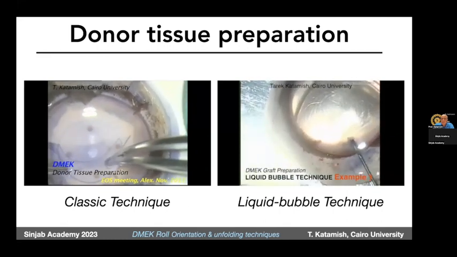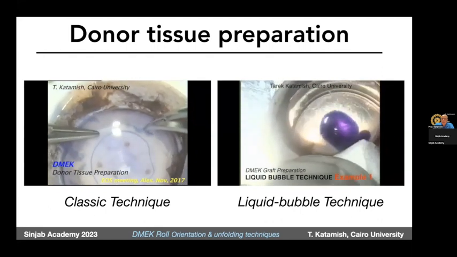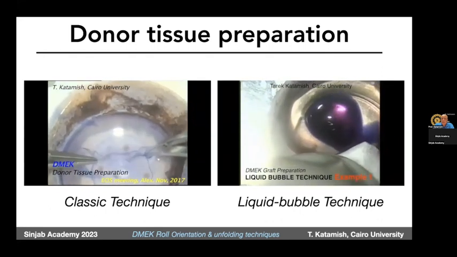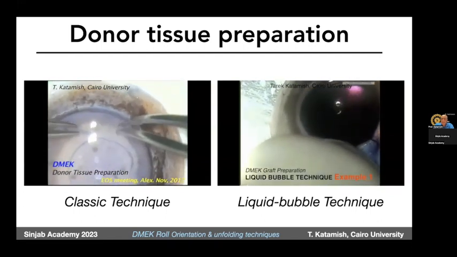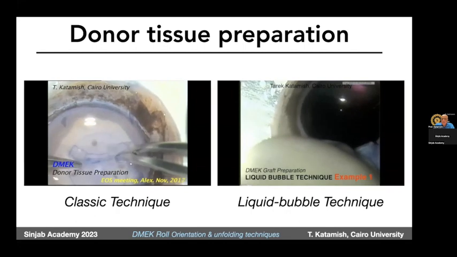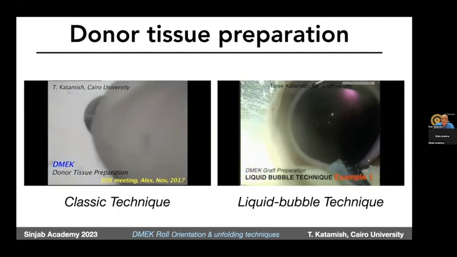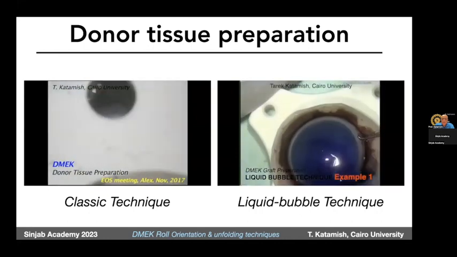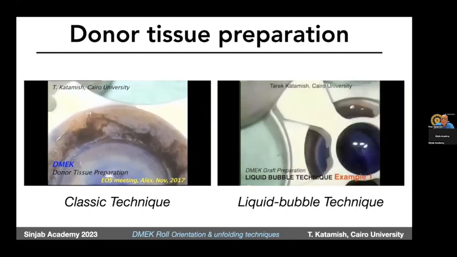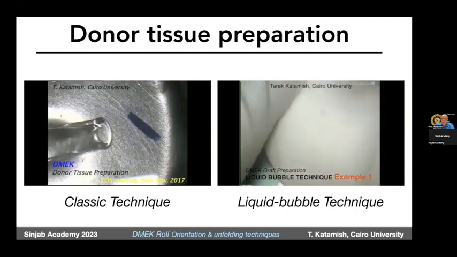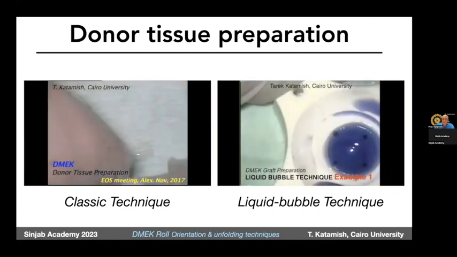This Trypan blue under pressure makes a pressure wave, which, as you see, strips Descemet membrane immediately from limbus to limbus, and the incidence of peripheral tears is very limited. So whatever technique you use, the classic technique or the liquid bubble technique, you will have at the end this beautiful graft, as you see.